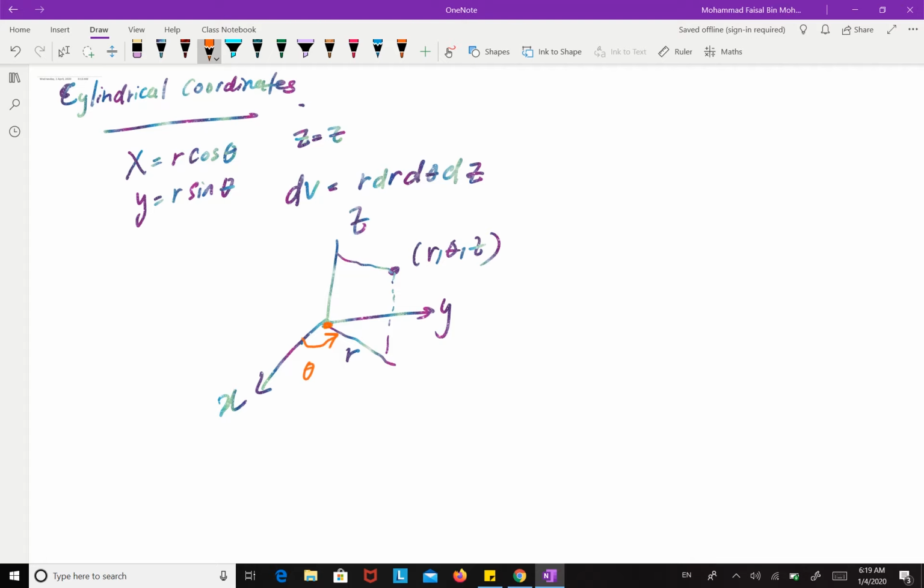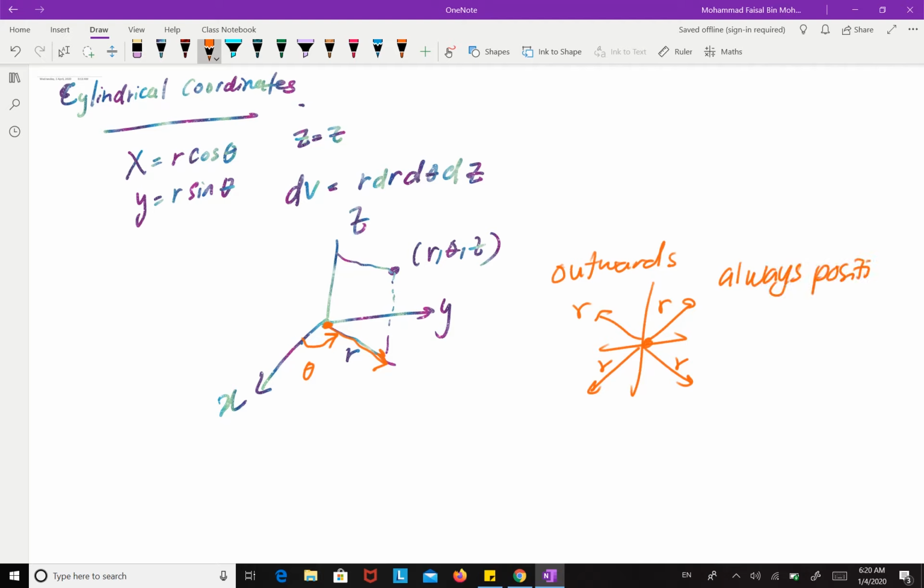R must be from the pole and outwards, and always positive.